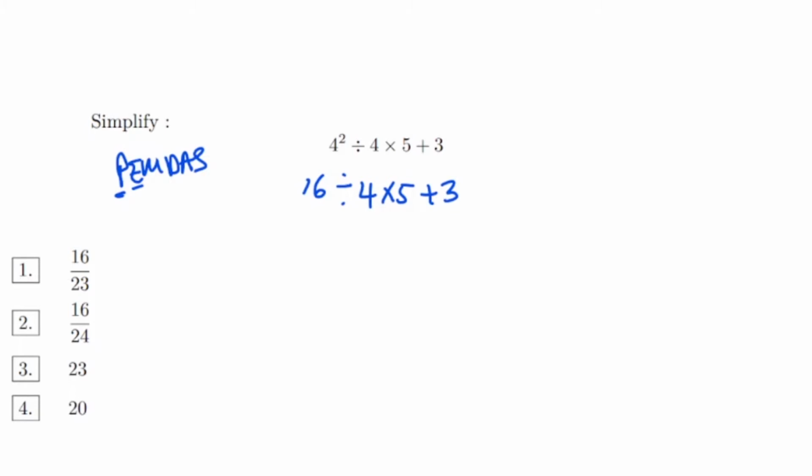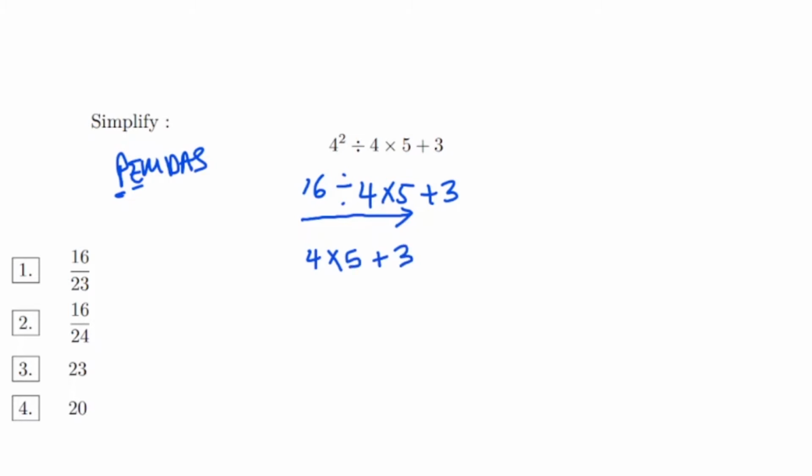Okay, so now we're at a level where we have multiplication, division, and addition. Well, multiplication and division come first, but the order in which we work is from left to right. So 16 divided by 4 is 4 times 5 plus 3.